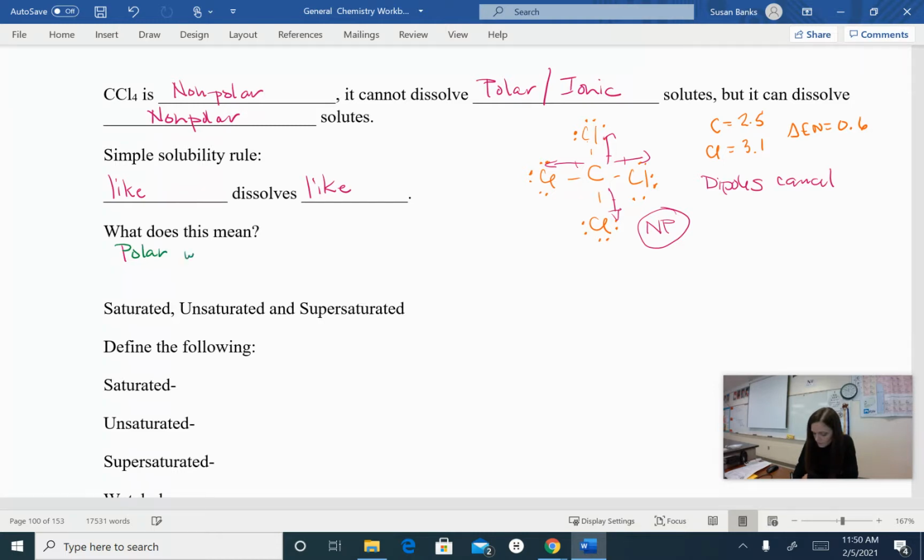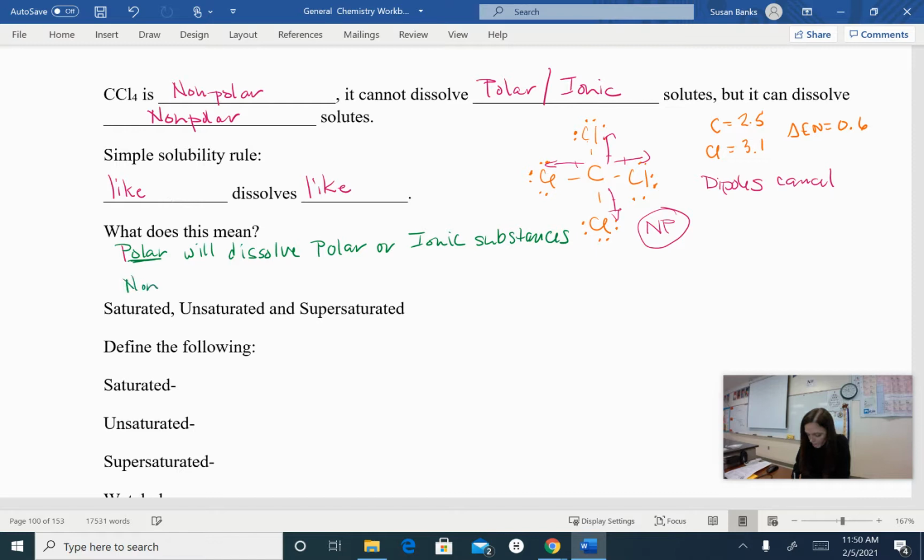Polar solvents will dissolve polar or ionic substances. Okay, so if I want something to dissolve something that is polar or ionic, I better have a polar solvent to dissolve it.